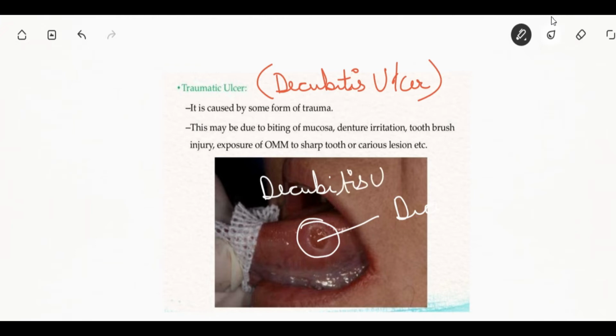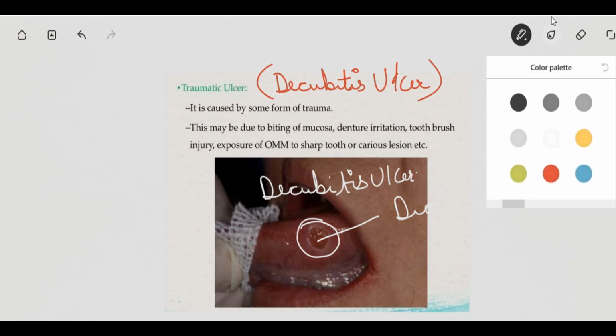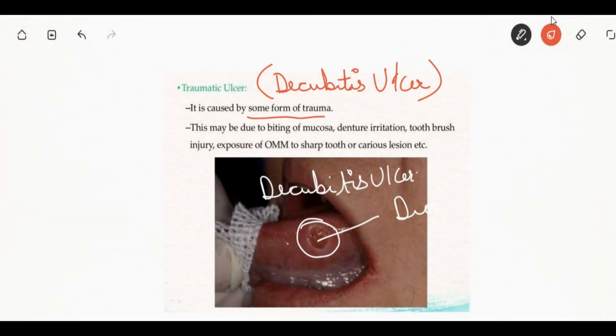What is cotton roll injury? The cotton roll injury is a common reaction when the dry cotton roll is placed by the dentist during treatment and is roughly removed, and the mucosa adhering to it gets torn. What are the common sites of traumatic ulcer?